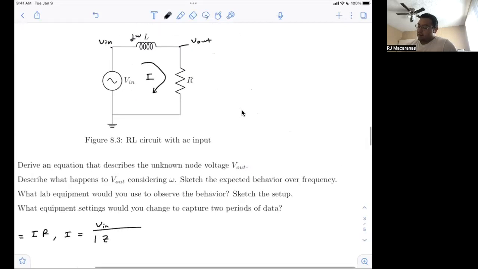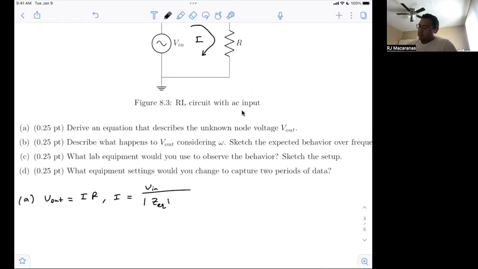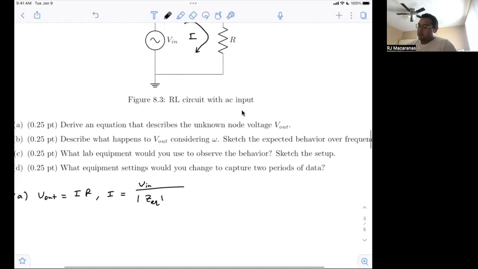So this Z EQ here, we'll just call it. Since V in is specified in RMS, that current is also going to be in RMS, which means that we need to take the magnitude of our impedance. Whenever something's in RMS, it's an average, or it's not necessarily including the imaginary components anymore.